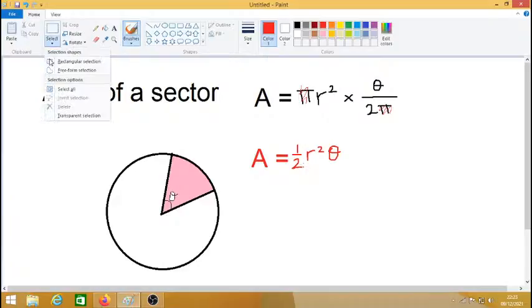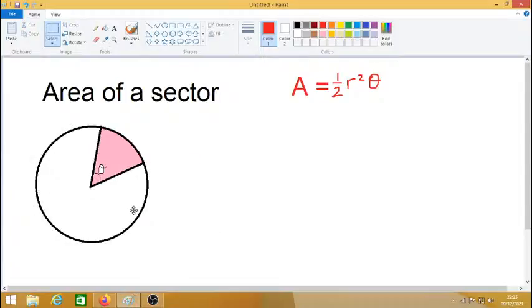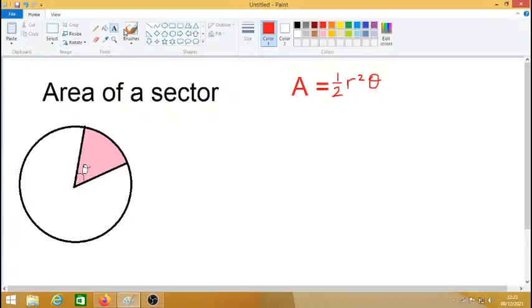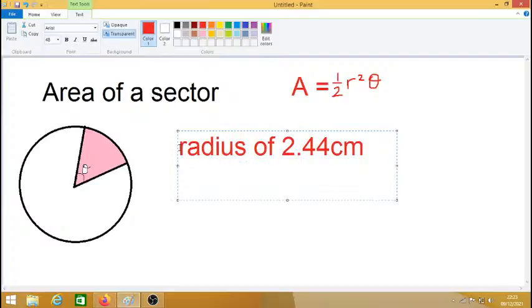Let's use that in example 11, which tells us in words that the area is required and the sector has a radius of 2.44 centimeters. So this sector is coming from a circle with a radius of 2.44 centimeters, and the angle at the center is 1.4 radians.